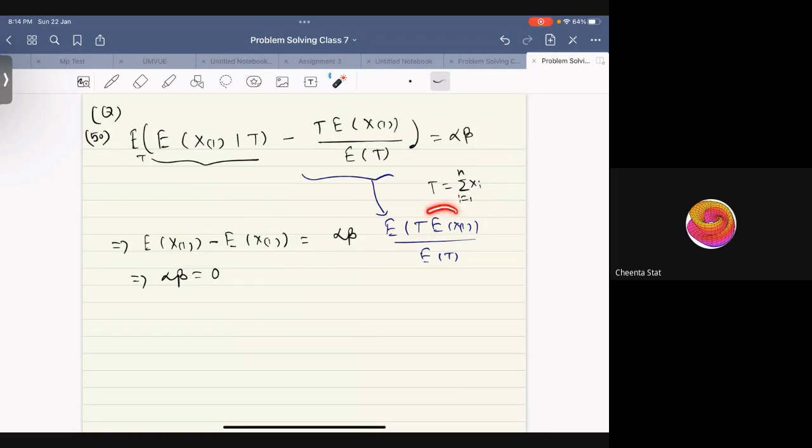So it is a constant part, right? So it will be expectation of X order 1, right? So alpha beta is 0, and since it's a gamma distribution, beta is obviously greater than 0. So alpha equals 0. Understood, everyone? I am writing properly, that's how you can understand.